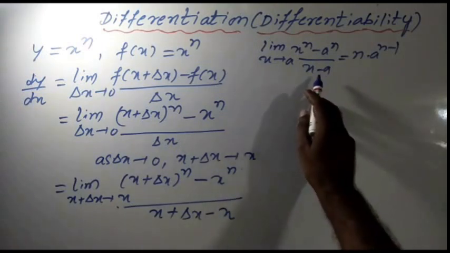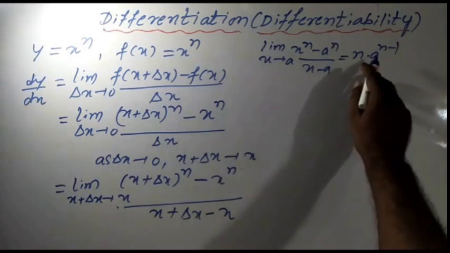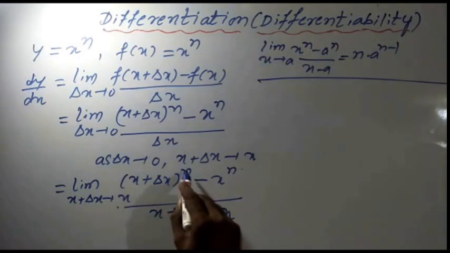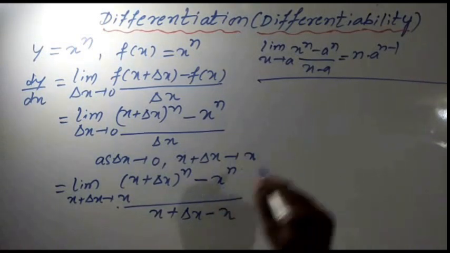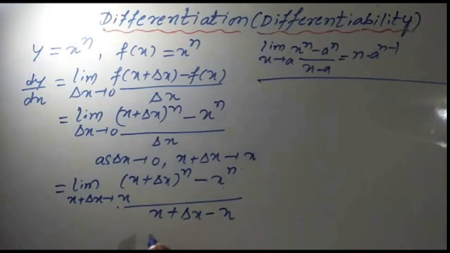According to this result, the continued part becomes n into a to the power n minus 1. Here n is always n, and in place of a, x is there. Therefore, this result is equal to n into x to the power n minus 1.